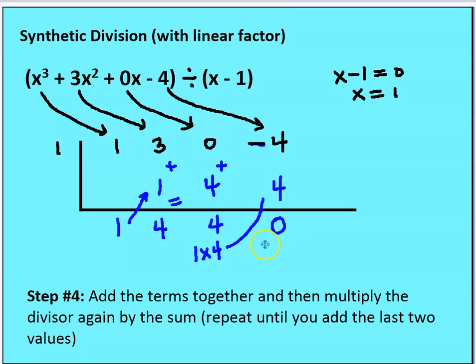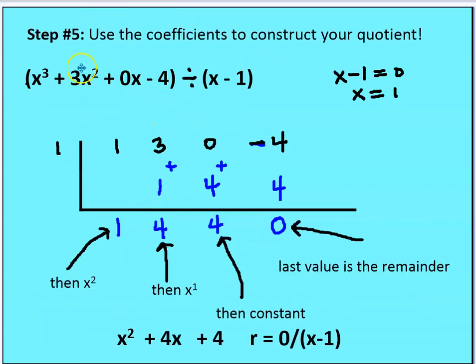Now, if this value is 0, then I know that x minus 1 is a factor of this polynomial. The beauty of this process also is that it gives us the coefficients of the quotient in these values, right?